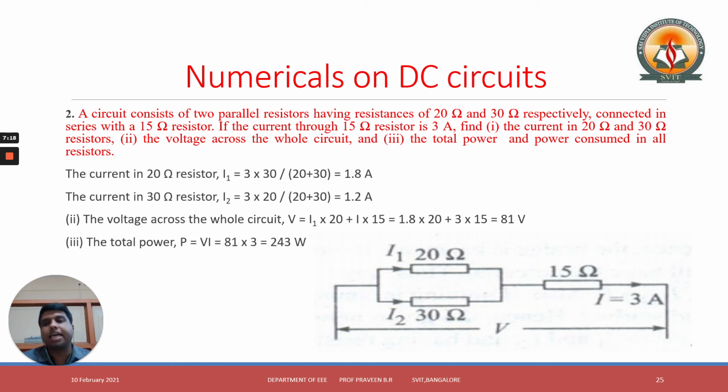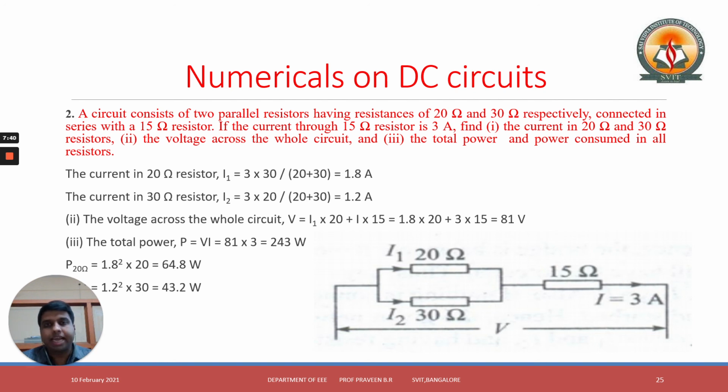The total power can be calculated by applying the formula P is equal to V into I. 81 into 3 is 243. Power in 20 ohm can be calculated by using the formula I1 squared into R1. 1.8 the whole squared into 20 will give me 64.8 watts.